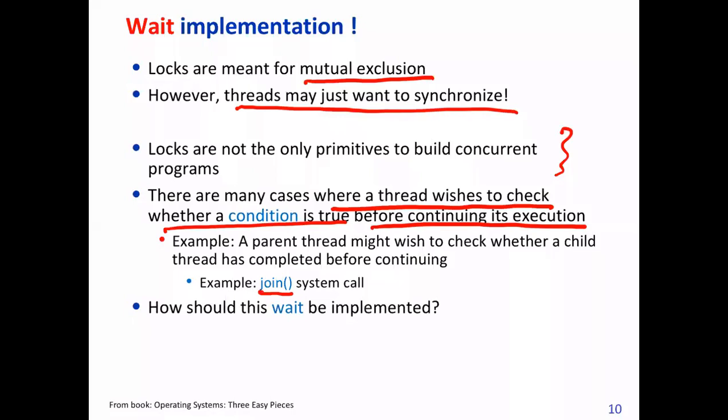So the join call or any other construct of similar kind must implement waiting for a certain event to happen, or for certain conditions to be met, and then it can continue. If the conditions are not met, the process or thread will wait.